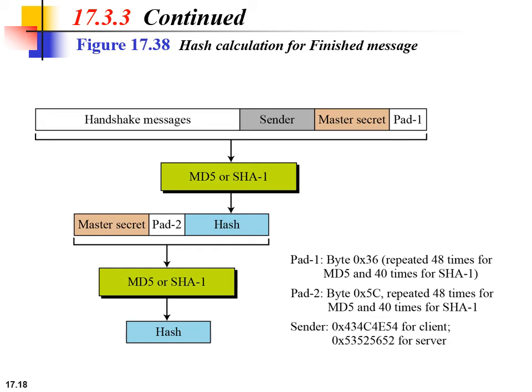One point to remember is that when the client or server sends the finished message, it has already sent the change cipher spec message, so the write cryptography secrets are in the active state, and the client or the server can treat the finished message like a data fragment coming from the application layer, and the finished message can be authenticated using the message authentication code in the cipher suite, and encrypted using the encryption algorithm in the cipher suite.